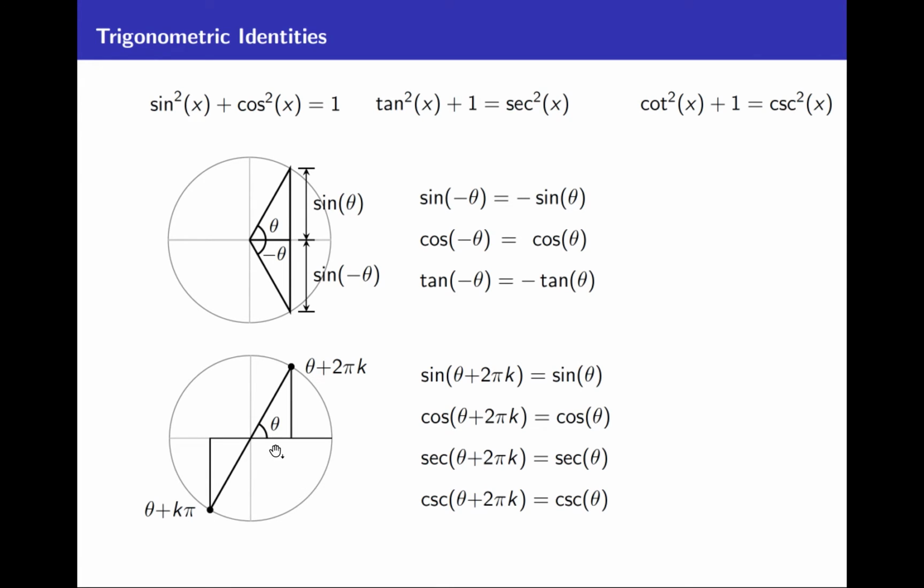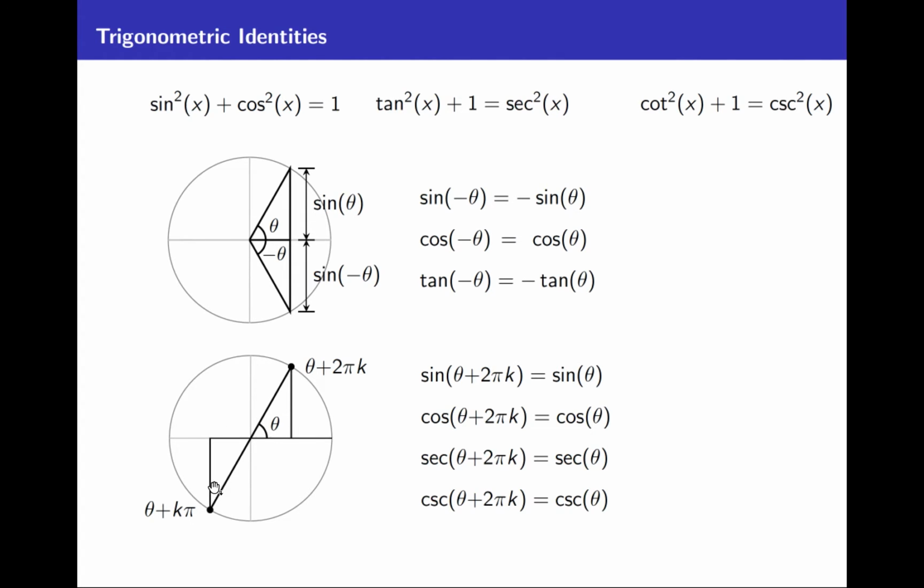And notice that in this picture, let's work with tangent. Tangent of theta is going to be this side, sine of theta, divided by this side, cosine of theta. And that's exactly the same as this side, sine of theta plus pi, divided by this one, cosine of theta plus pi.